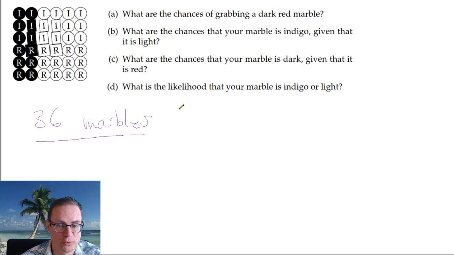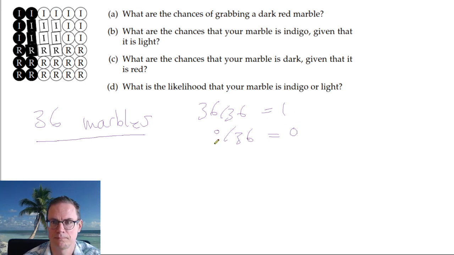There's a sure thing event, which is you grabbing a marble, which is 36 out of 36, it's a sure thing, it's probability 1, it will happen. And there's also the impossible event of you grabbing no marble, 0 out of 36, because it's guaranteed that you will get a marble.